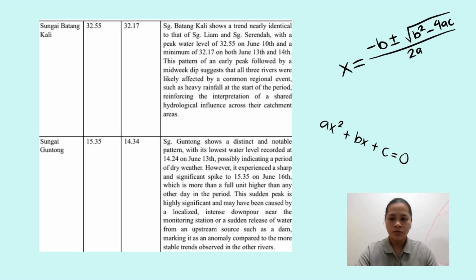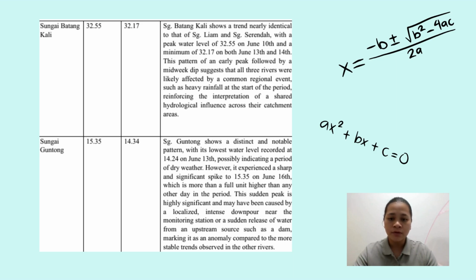Okay, third is the water level at Sungai Batangkali. Maximum is 32.55 and minimum is 32.17. It shows a trend nearly identical to that of Sungai Liam and Sungai Serenda, with a peak water level of 32.55 on June 10 and a minimum of 32.17 on both June 13 and 14.